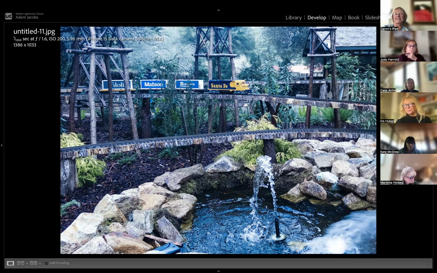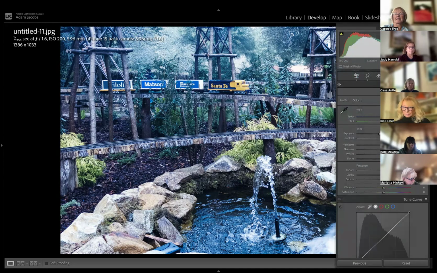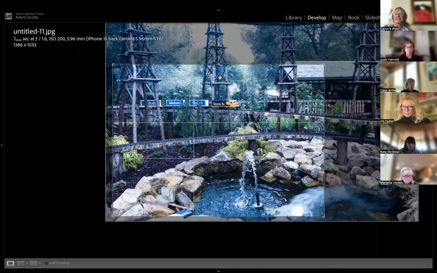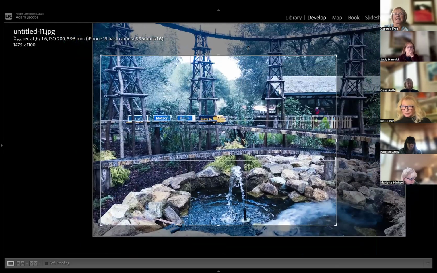I think a crop like this works perfectly. There's an S curve, like the fountain and the train balance each other off. But the problem, can you notice the color looks a little strange here? It almost looks a little too green. That's because the camera, especially iPhones, hate when you shoot into the sun like this.